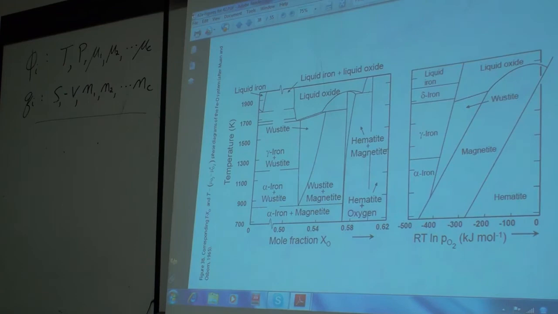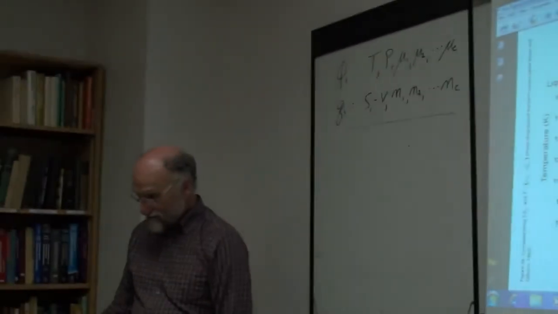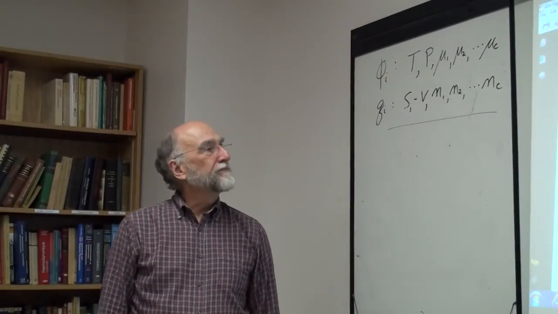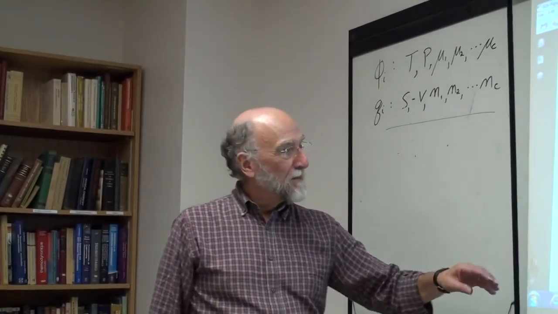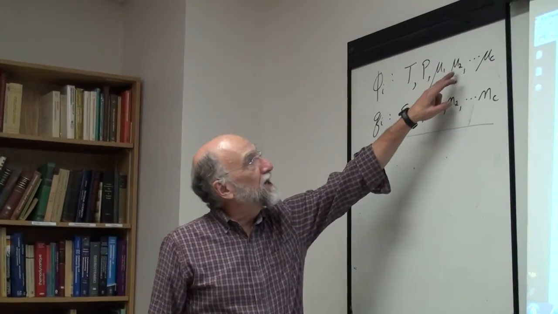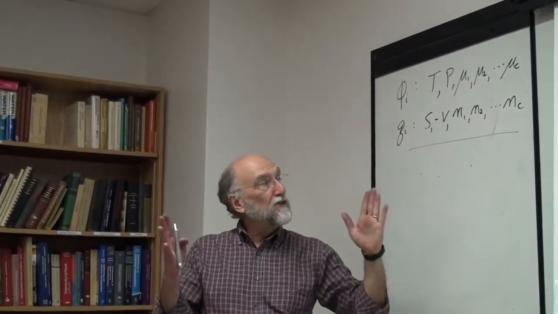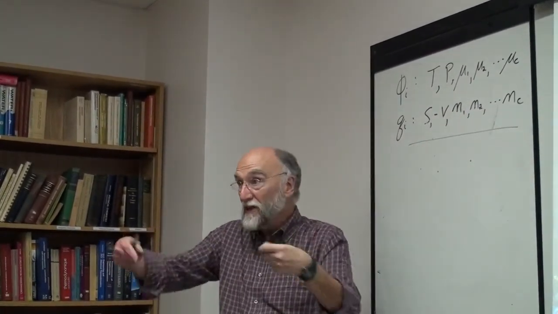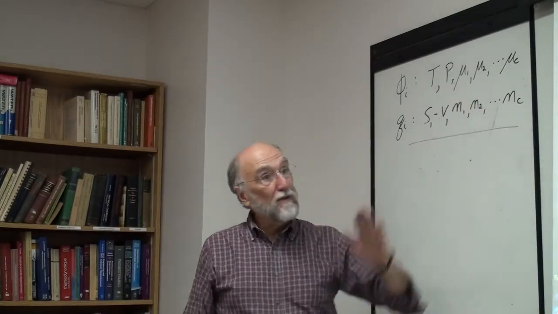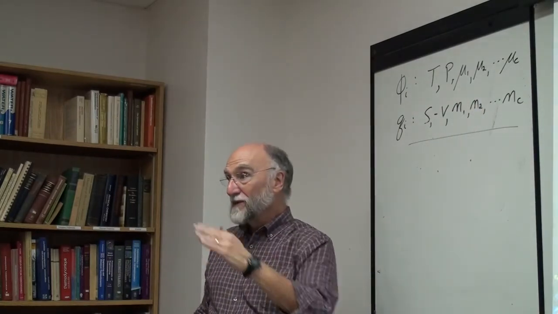Why do the diagrams open up this way? I go through the theory in section 7.7. I'm not going to do that for you, but basically, I can't remember the name of the principle right now. But if you take a system and you increase the number of moles of oxygen, adding oxygen to the system, the chemical potential of oxygen always goes up.